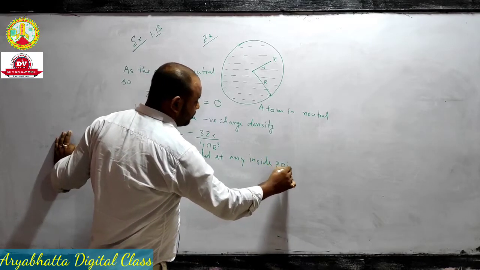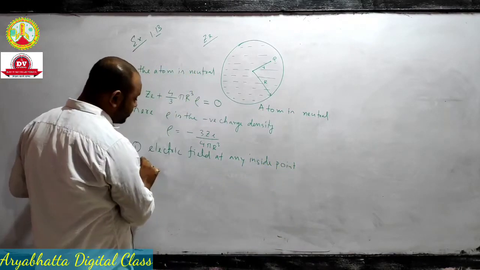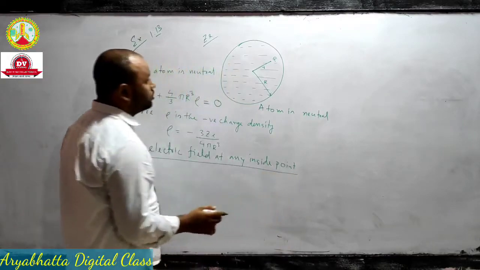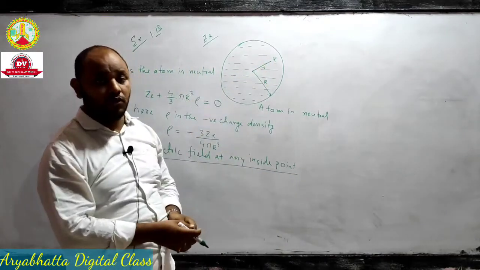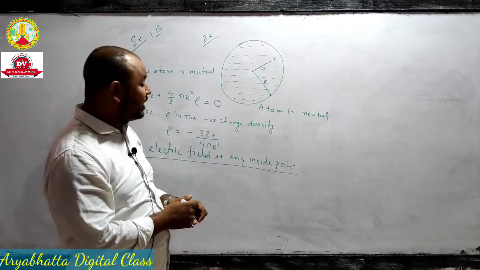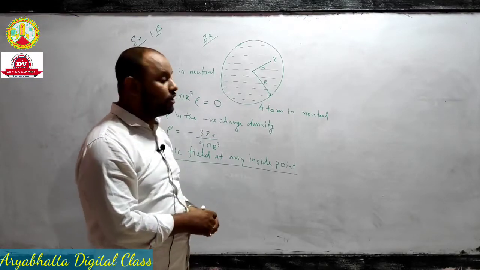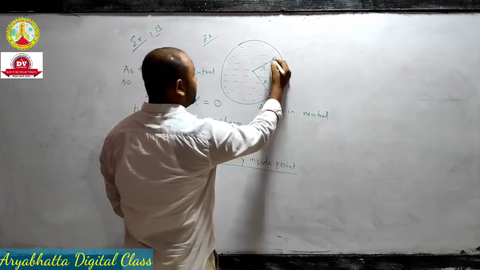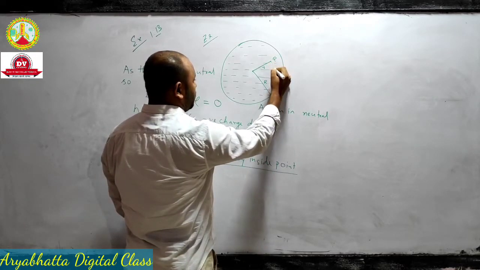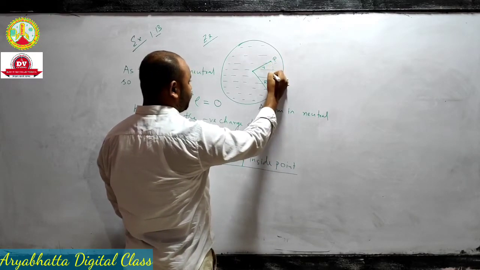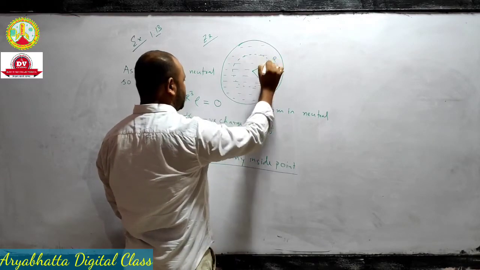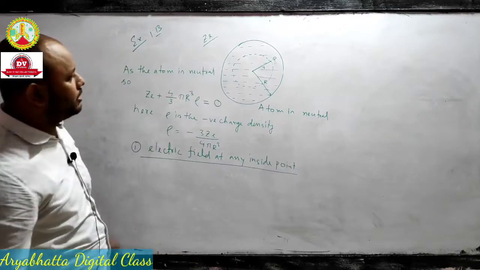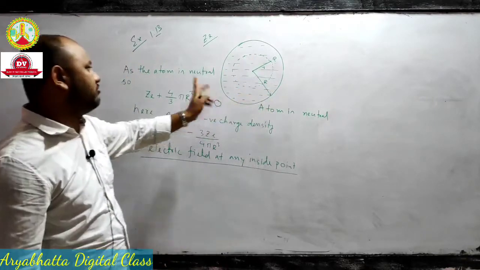P is any point which is inside the atom, and we are going to calculate the electric field at point P. For this we have to consider a Gaussian surface. This dotted sphere is the Gaussian surface.